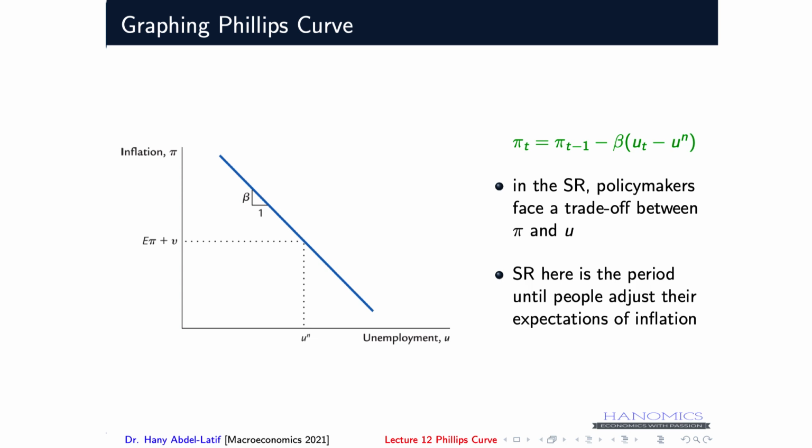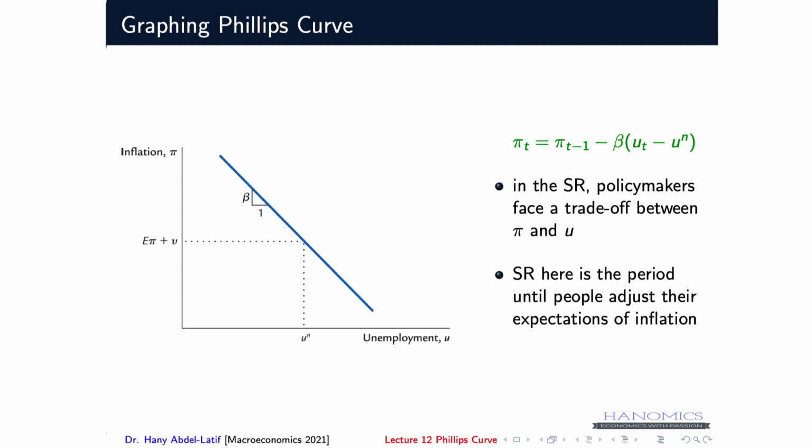That means that in the short run the policymaker could have this sort of trade-off between inflation and the unemployment rate. By the short run here, we mean the period until people adjust their expectations of inflation, meaning as long as people think expected inflation is exactly as in the previous time period. So it would be stable, until there's, let's say, a supply shock or a demand shock that changes the inflation rate.